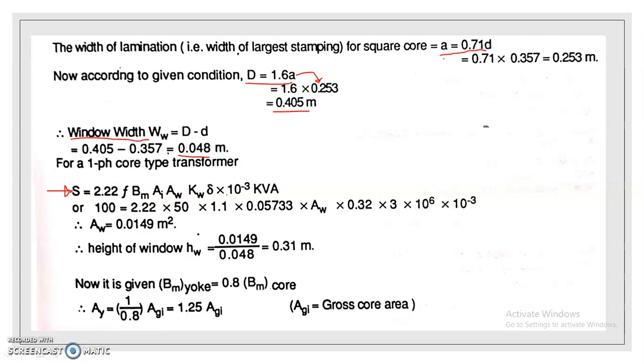The only unknown part is AW. Rating of the transformer is also given. So as per this, you can calculate the AW, and you can also calculate the HW by assuming proper values.